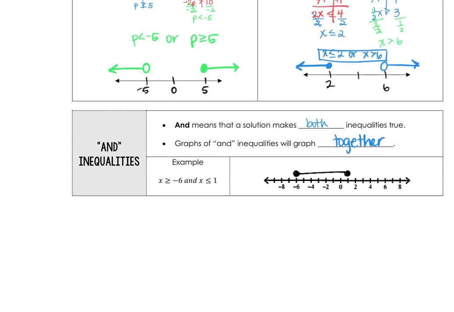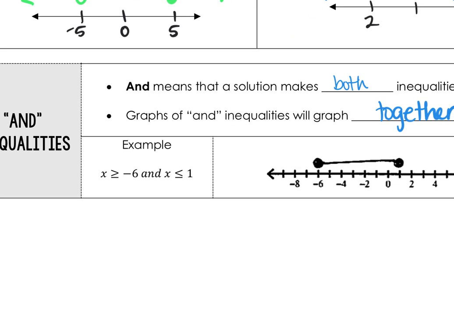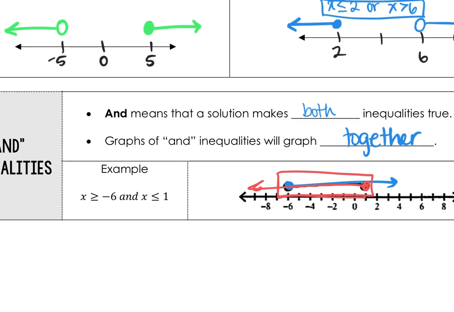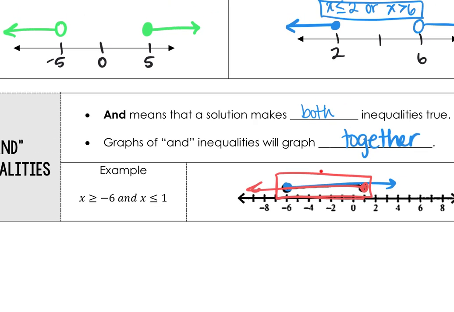So in this example that I've given you, it says x is greater than or equal to -6. So you can see how that's graphed here. And it says and x is less than or equal to 1. So that graph is here. Well, this overlapping area are going to be the solutions that make both inequalities true.